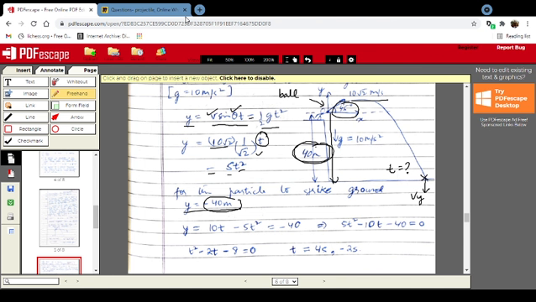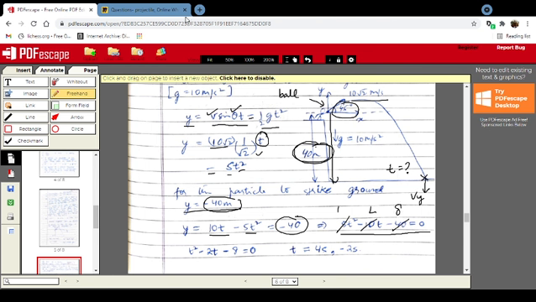So we will substitute minus 40 meters in this equation: 10 root 2 into 1 by root 2, that is 10t, minus 5t square. So this equation transforms into 5t square minus 10t minus 40 is equal to 0, and 5 can be cancelled.